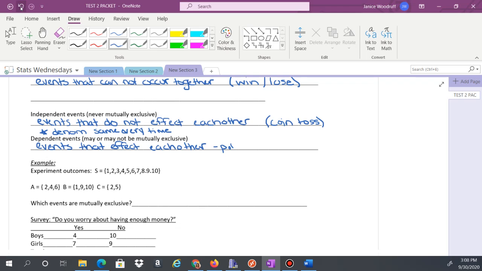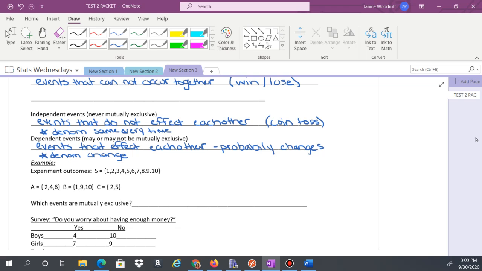If I could spell, that would be helpful. Probability changes. The denominator will change. An example of this is I open a bag of M&Ms. There are 30 M&Ms in there, and 8 of them are blue.